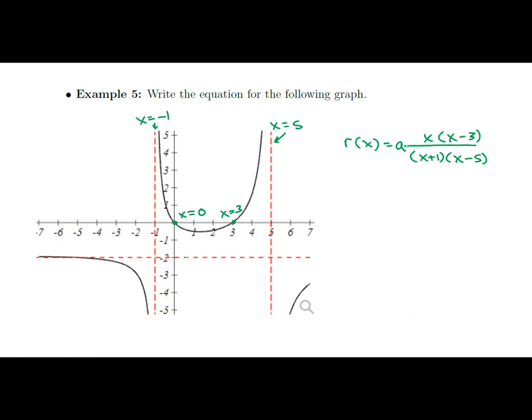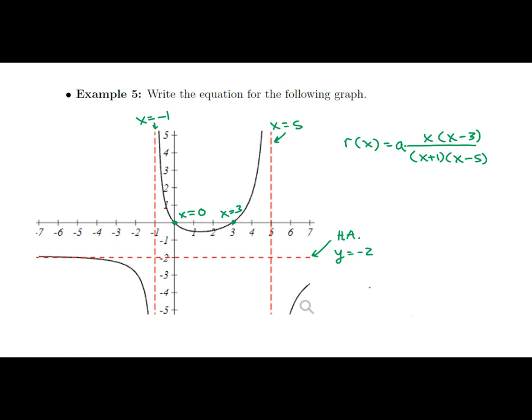So what we want to do instead is look at the one feature we haven't considered yet, which is the horizontal asymptote. And we have a horizontal asymptote at y is equal to -2.